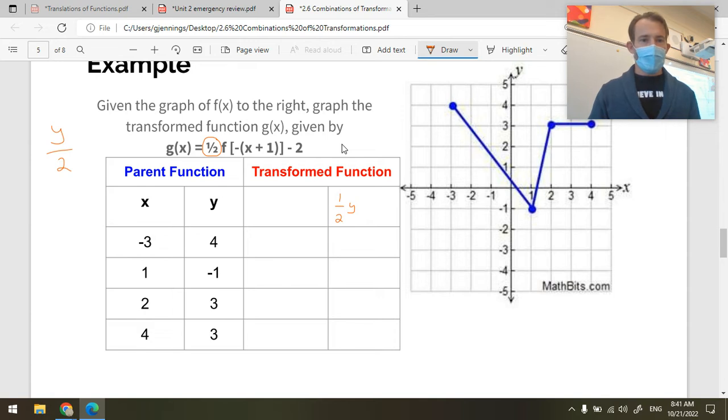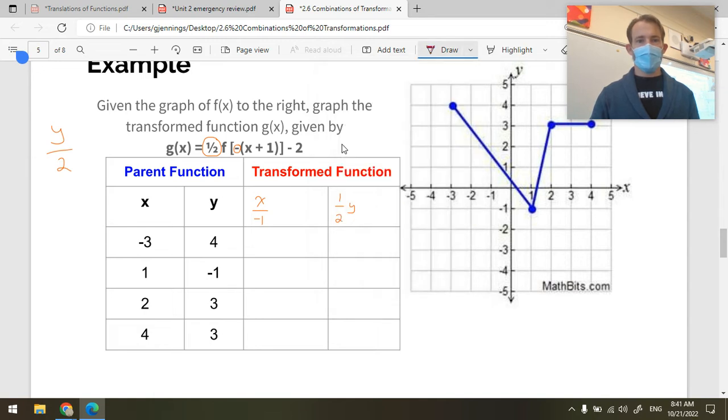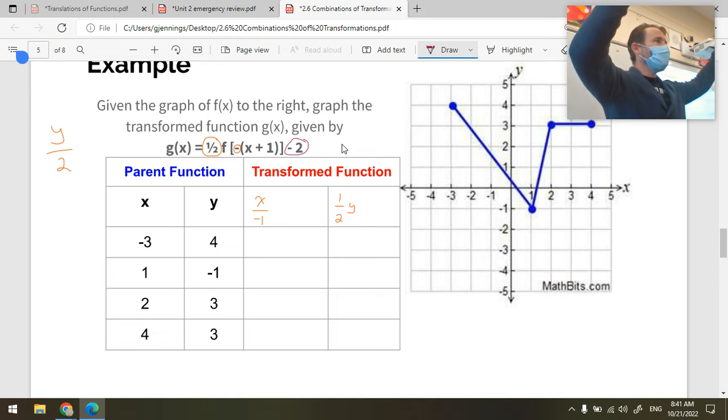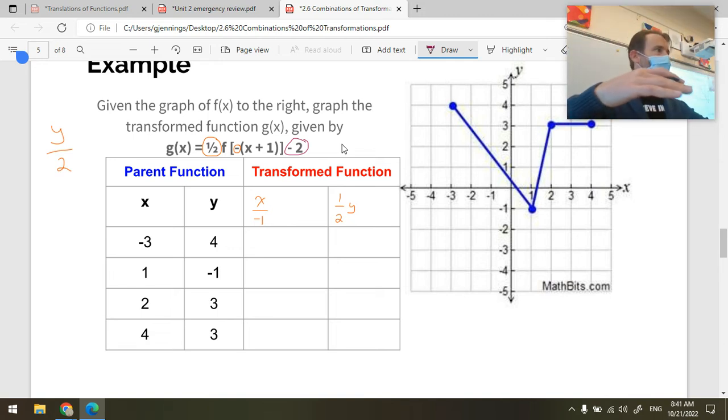And then I have this negative here. That's a k transformation. So I'm going to take my x values, and I'm also going to divide them by -1. Cool. Then I get to look at my translations. Here is a translation that will be shifting the entire function down by 2, subtracting 2 from all the outputs.